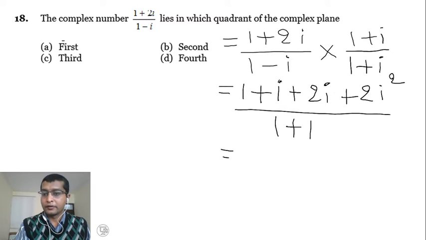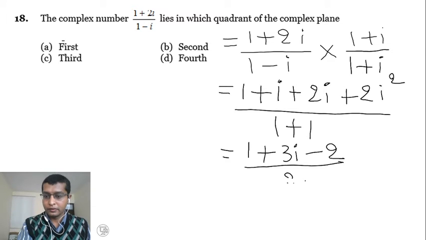So we can further simplify this as, here it is 1, i plus 2i, 3i, then i square is minus 1, so minus 2 we get, divided by 2 we get.